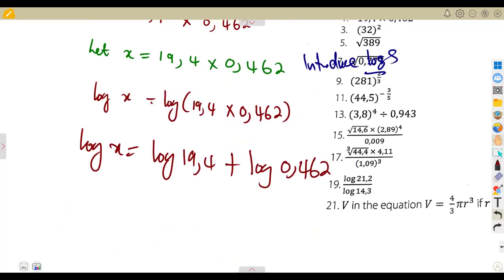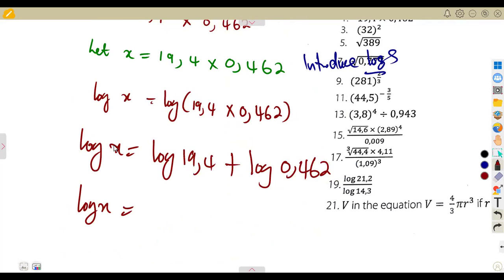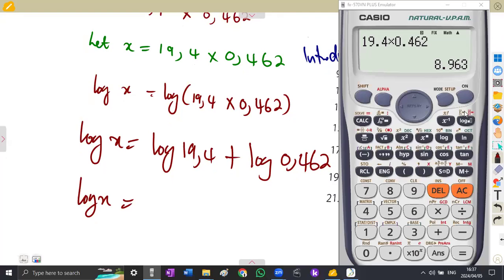At this stage, that is where you are going to simplify each and every part on your calculator. Depending on the degree of accuracy that you are given, this is what you are going to do. Remember, I fixed my calculator to 3 decimal places. So whatever I'm going to simplify is to 3 decimal places.